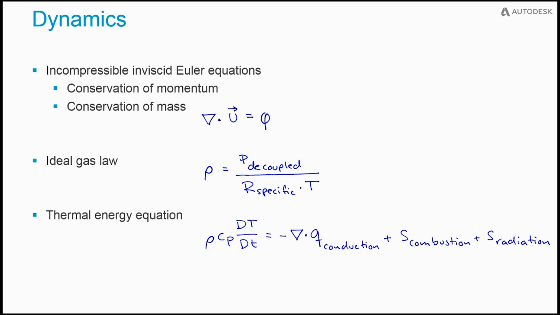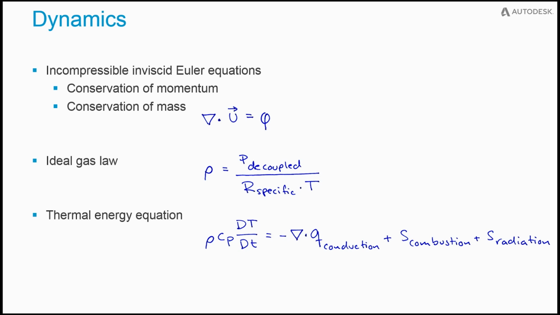Now, the thermodynamic part is represented by the thermal energy equation in our case. And essentially this models conservation of energy. But again, to avoid entering the fully compressible regime, we simplify it a bit. And in particular, we're not going to model things like compressing a fluid will heat it up. And that's again to avoid entering the fully compressible regime, as I said.